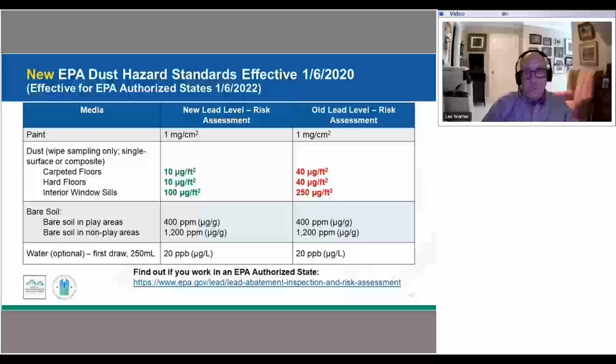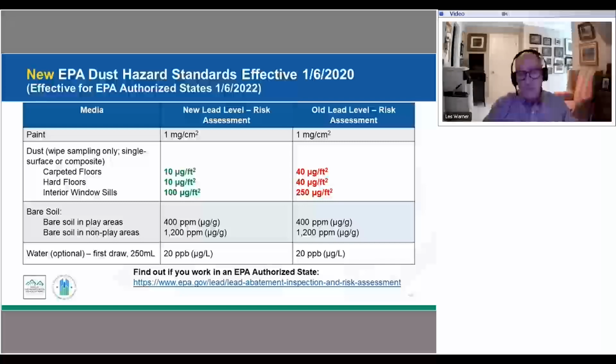For dust, we have different standards depending on where we are testing. For carpeted floors, our new level is 10 micrograms per square foot, the same requirement as for hard floors. For interior windowsills, the standard is 100 micrograms per square foot. We've listed the old requirements versus the new requirements, and you'll see they've become more stringent, so a lower level is considered acceptable, to be considered safe.